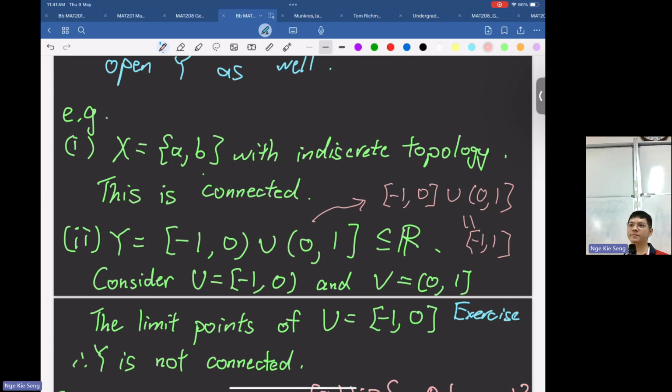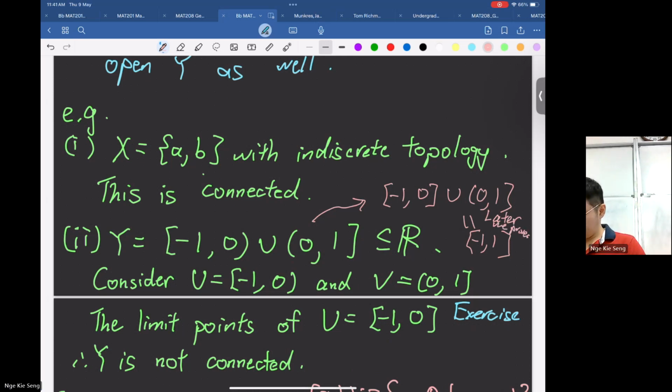Because to prove it is connected, you need to show there's no separation. If you want to prove existence, you just need to find one, but to show there is none is a bit more troublesome. So if I include the limit point in one of them, then I get a connected space. Later we'll prove it.